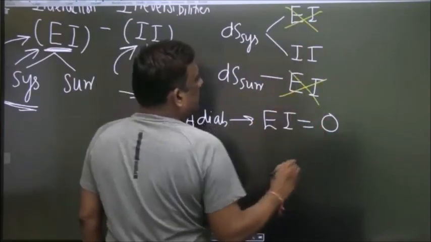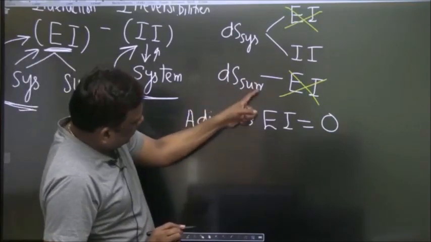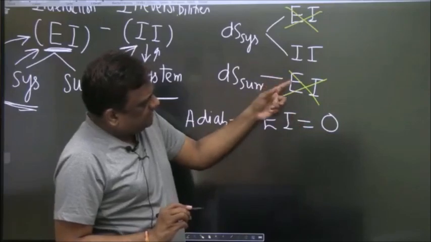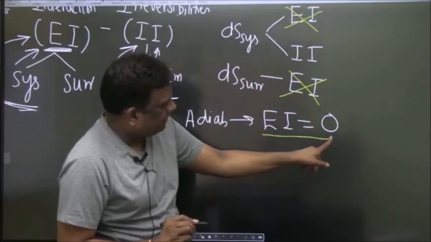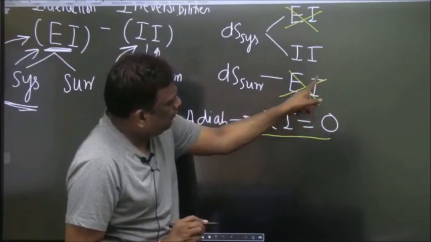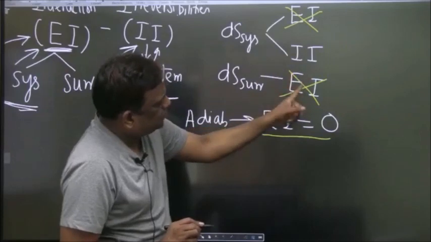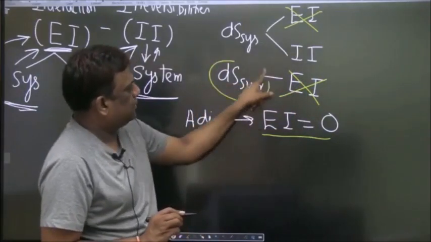Means when surrounding entropy change is influenced by external interactions, but in an adiabatic process heat transfer is zero, external interaction is zero. Means whatever entropy change was happening in the surroundings due to external interaction, in an adiabatic process there is no external interaction. That's why there is no entropy change for surroundings.